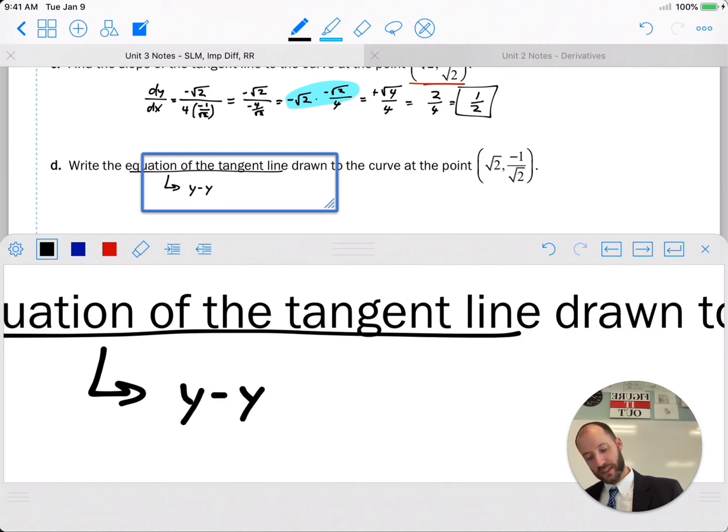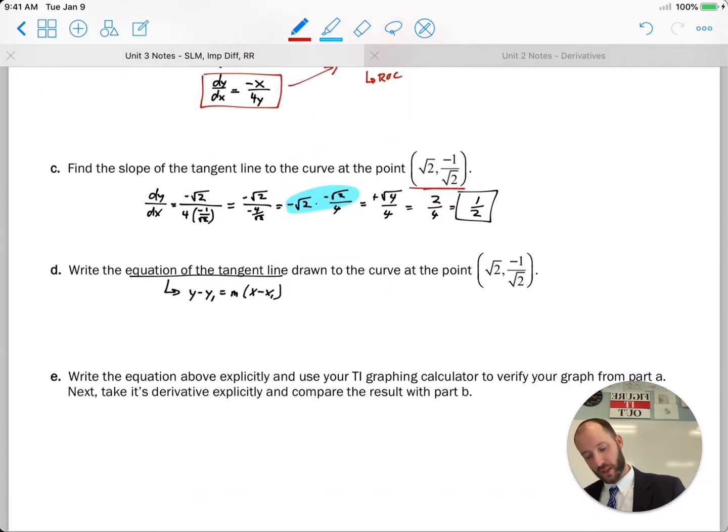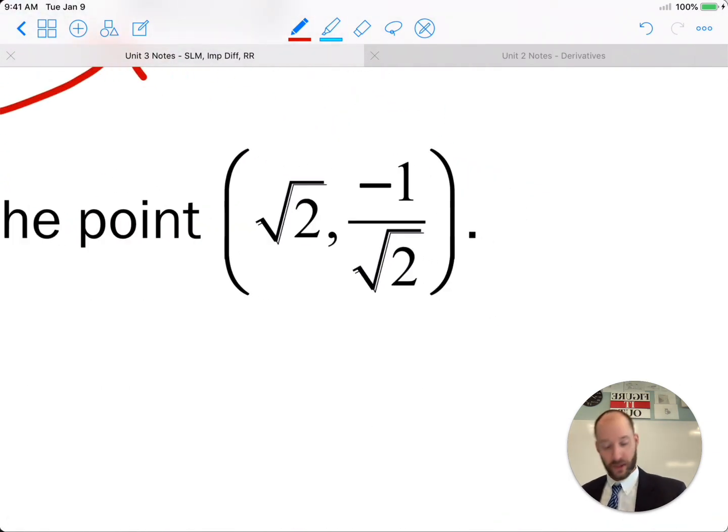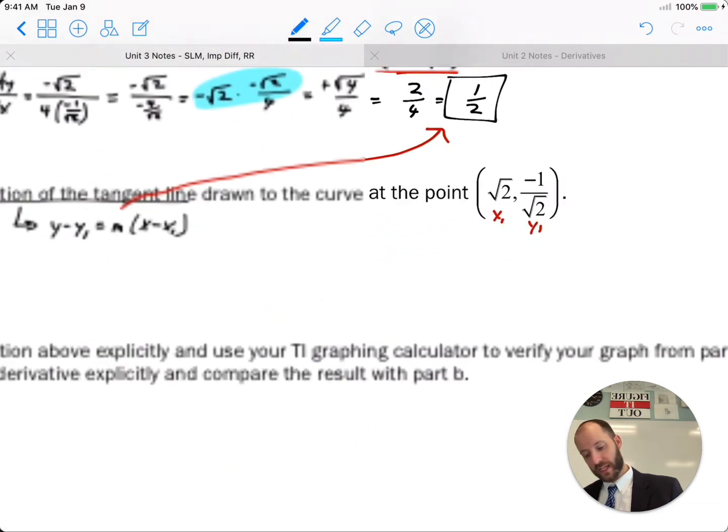Remember, point slope form: y minus y1 equals m, quantity x minus x1. Hey, guess what? We found m. We found the slope. It's right there. Hey, guess what? We have a point, x1 and y1. So go ahead, make the equation.